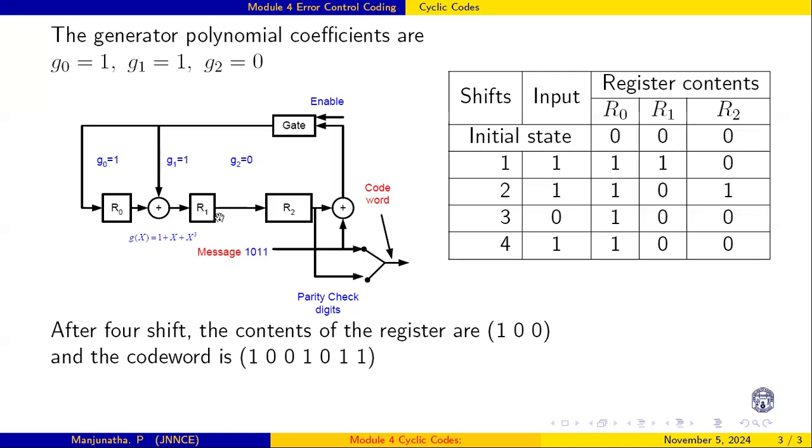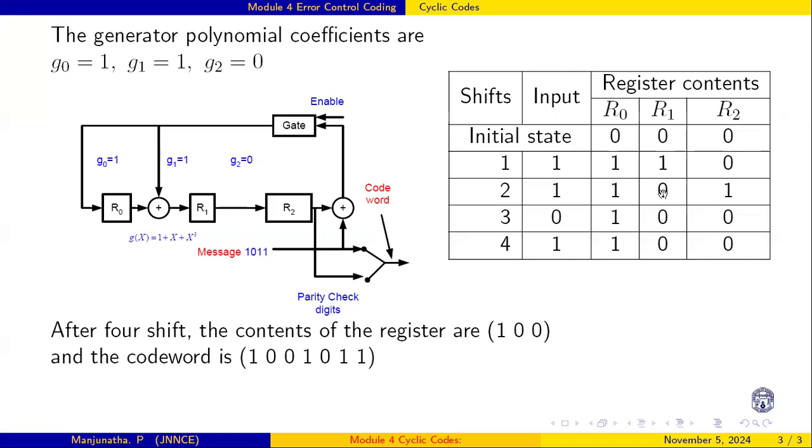Coming to R1, the content of R0 and the input coming here, whatever the output is, that is 1 plus 0, 1. So that's why 1, 1. And what about R2? The previous content of R1 simply shifts to R2. The previous content is 0. Similarly, we can easily write the content of the registers.